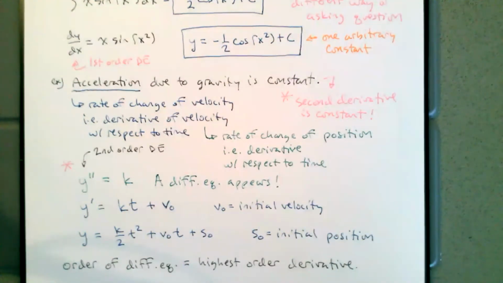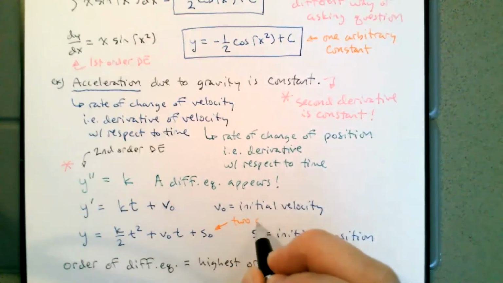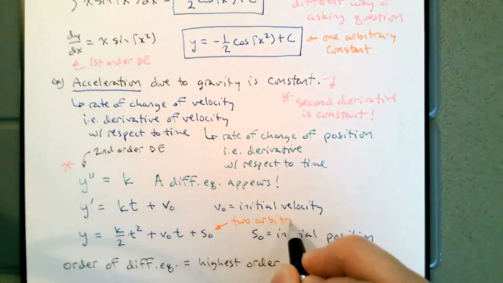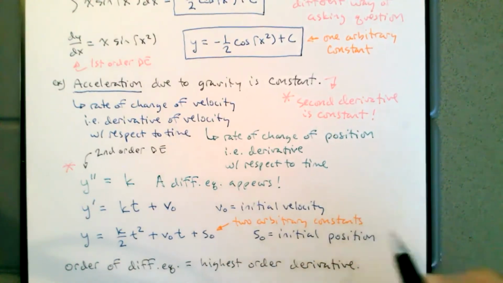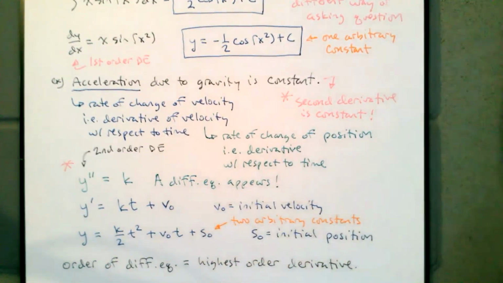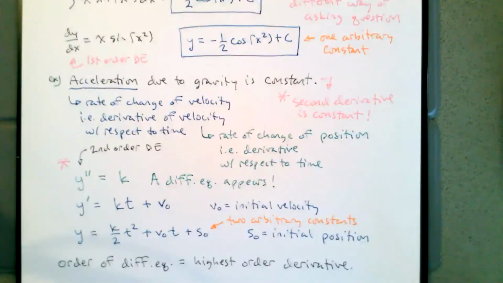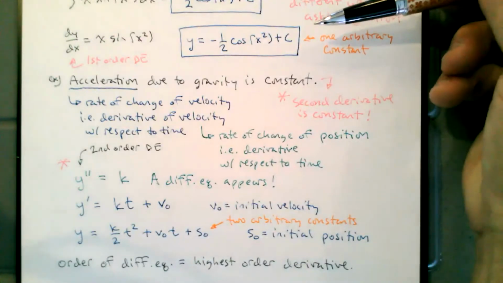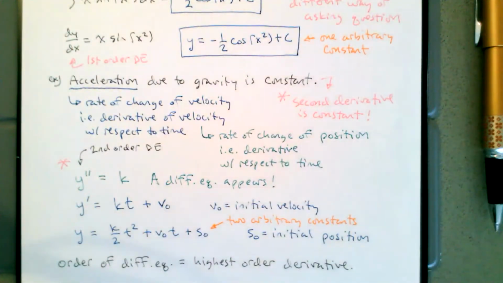When we had a second order equation, we ended up with two arbitrary constants, one corresponding to the initial velocity and one corresponding to the initial position. The first problem was just one arbitrary constant, that constant of integration, because we integrated one time.